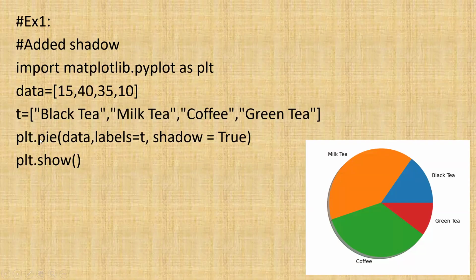So the basic thing required for the pie chart is, of course, the pie function, plt.pie, and then comes the data. So what exactly is the data which he has to use to present the percentages? Then we give the labels. Okay. Now here I have stored the labels already in a list separately, or I could have just given that list here also.